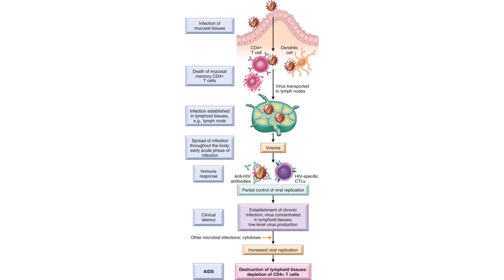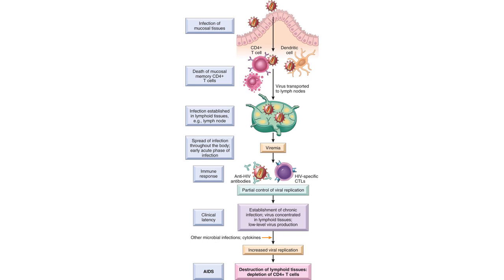And since you recall that lymphocytes are central to the coordination of the immune system, their decrease in number leads to impairment of the immune system. And this is what we call a syndrome of immunodeficiency.